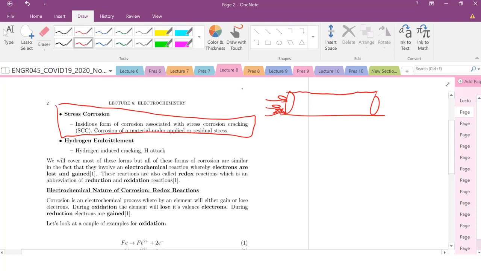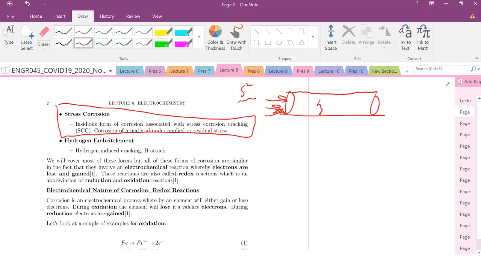If you're in an environment that has a lot of sulfuric acid, at high temperatures and in these really corrosive environments, even just a static load on a material, the combination of temperature, environment, and load will cause your material to catastrophically fracture.